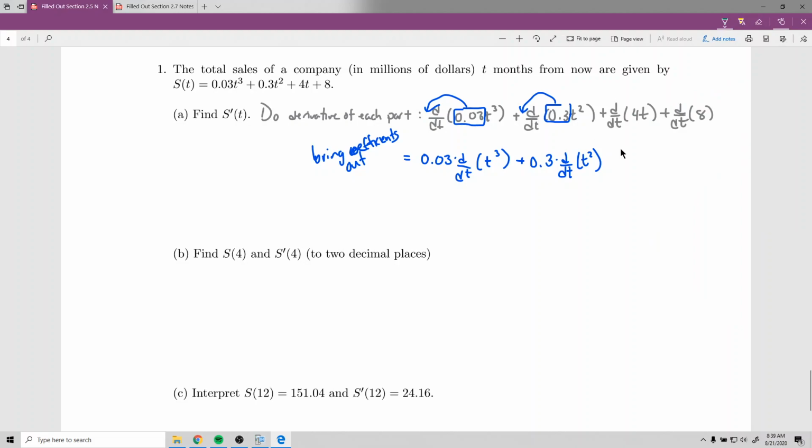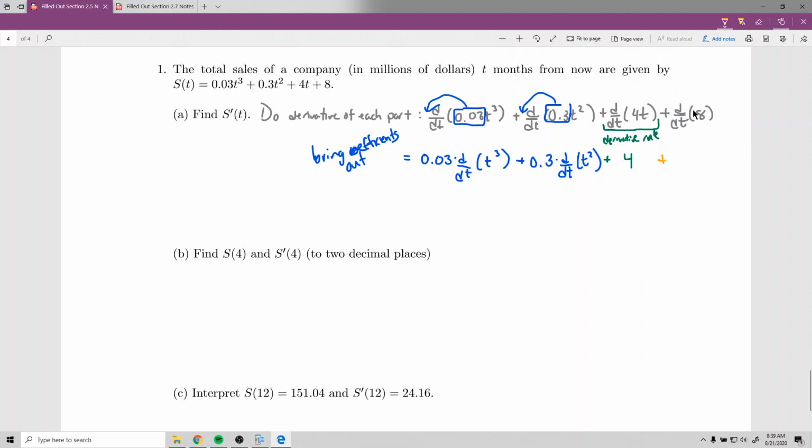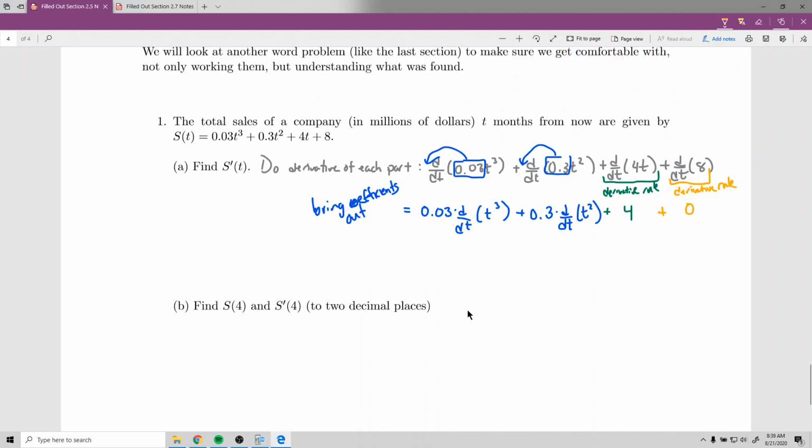Now you hopefully remember why I'm not bringing the 4 and the 8 out of this one. It's because these are a couple of our special rules. The derivative of a number times the letter is just the number. And then the last one, bring down the plus, the derivative of a number is just 0. I'm just writing derivative rule here to remind you, but we did that.